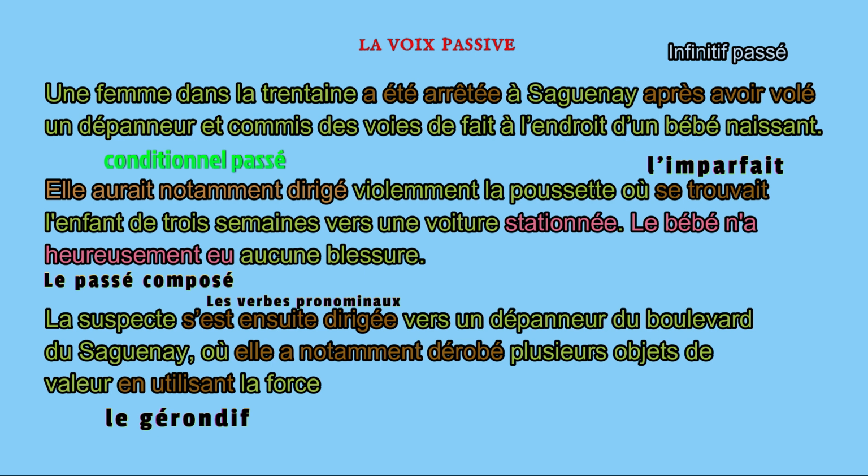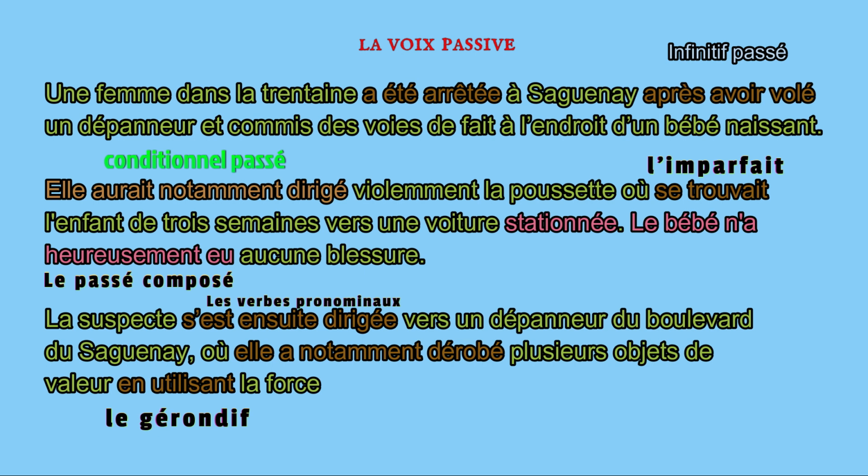In this case it's auxiliary être, and it is also in passé composé. We also know that if we use être, there always has to be an accord of the past participle with the subject. La suspecte is feminine. Donc, s'est ensuite dirigée. Dirigé is the past participle, and because la suspecte is feminine, we have to add an extra e.